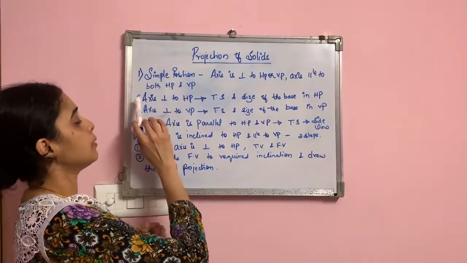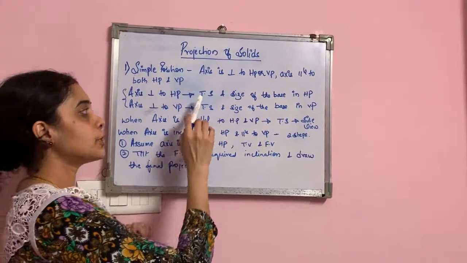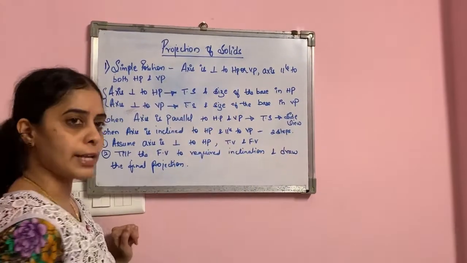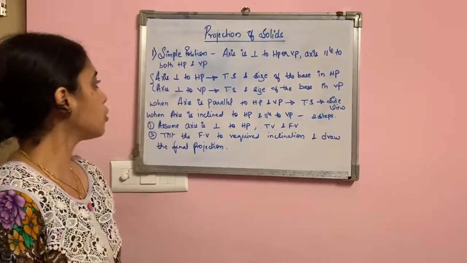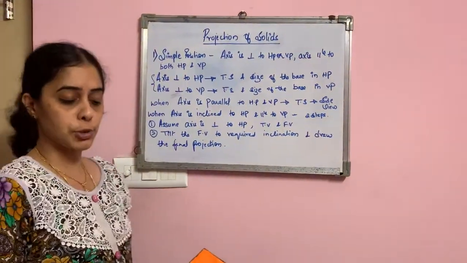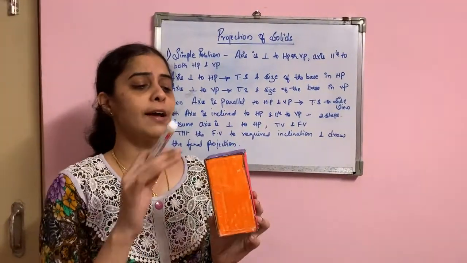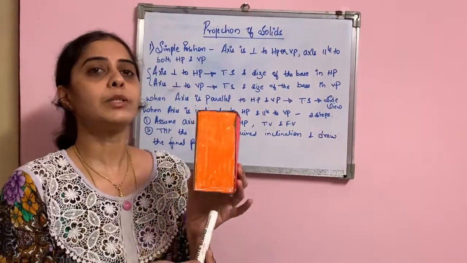When the axis is perpendicular to HP, then always the true shape and the size of the base will be in HP. So what do you mean by it? Suppose it is told the axis is perpendicular to HP. You know every solid object will have a top and bottom surface, connected through an axis.